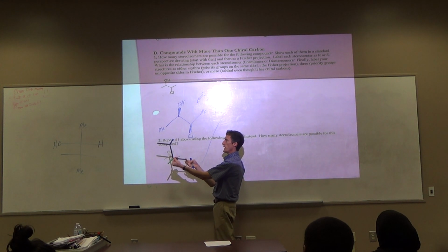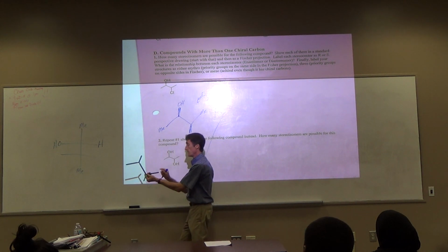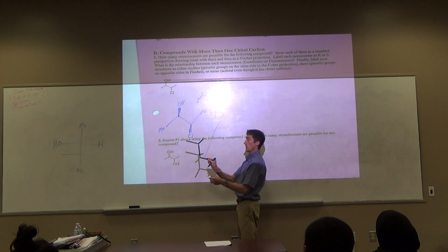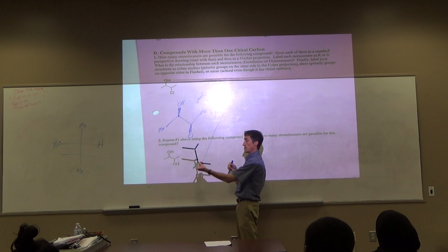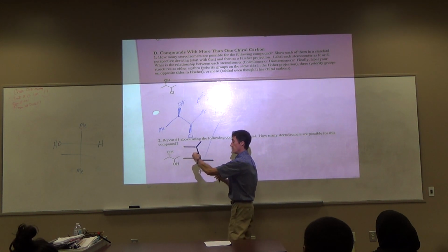With the methyl going away, because that's what that means, and I'm going to draw it like that. With the methyl going away, what side is the chlorine on? Well, hold on, the methyl's coming towards me. Your book will say, well, turn it. Now it's going away. I wouldn't do that. I would just walk over here.